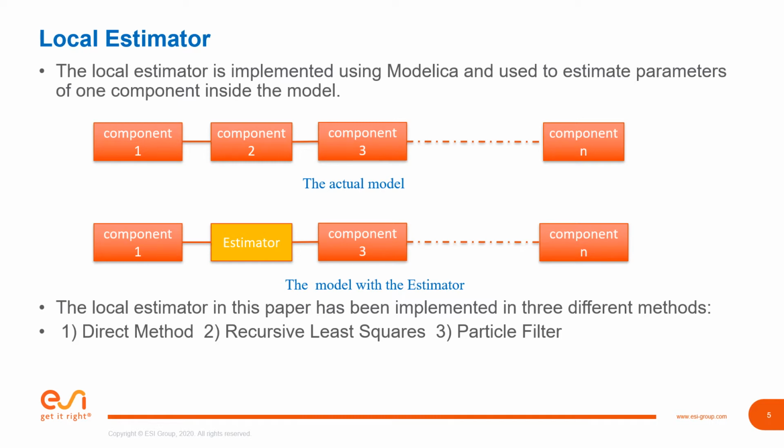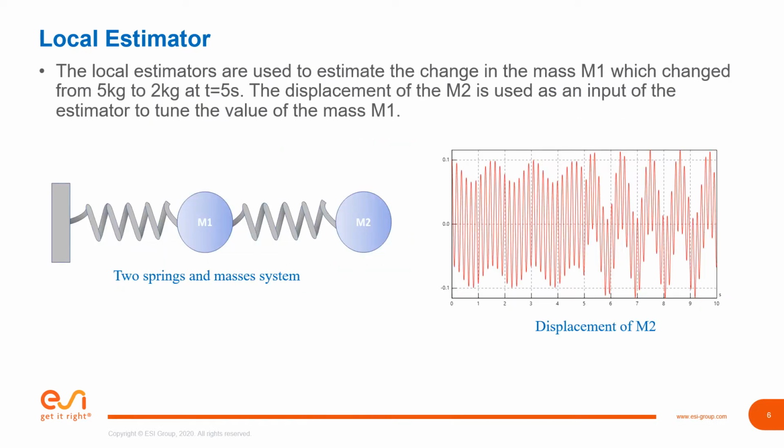The local estimator was implemented using three different methods. We call them the direct method, regressive least squares, and particle filter. To test those algorithms, we chose a simple mechanical model with two springs and two masses.